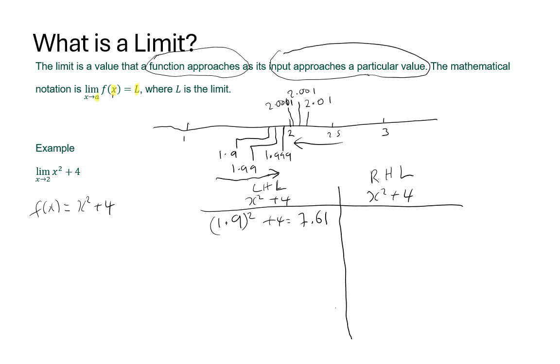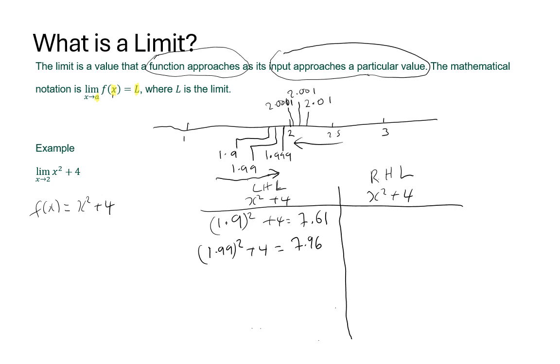Then the next is 1.99. We substitute 1.99 squared plus 4, 1.99 times 1.99 plus 4, and this gives us approximately 7.96.